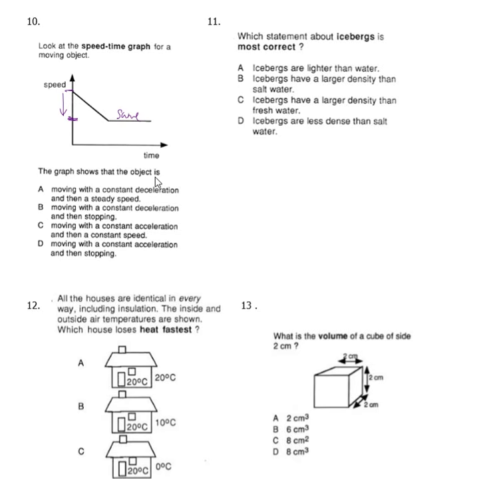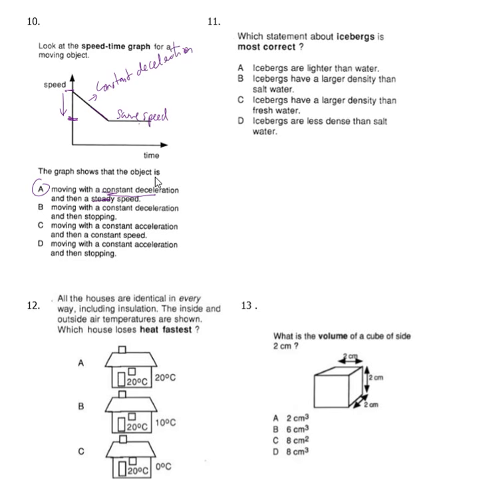Yeah, because it is constant deceleration, it decelerates because it's getting slower, and then moves at a steady speed. Steady speed means constant speed. Now, if you got this wrong, we need to add the stuff here. So same speed on the graph, and this is constant deceleration.